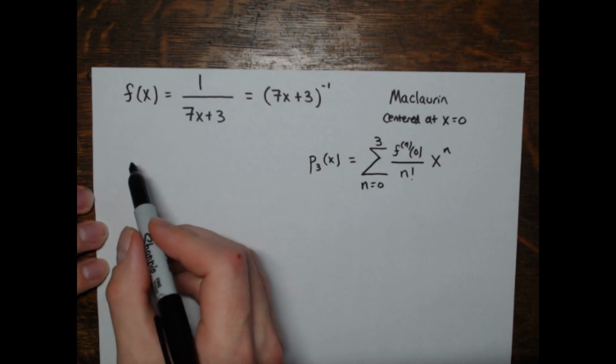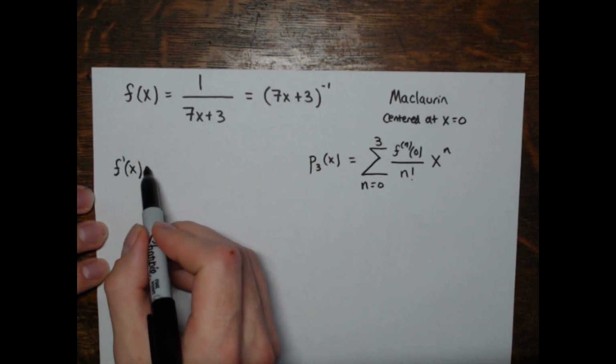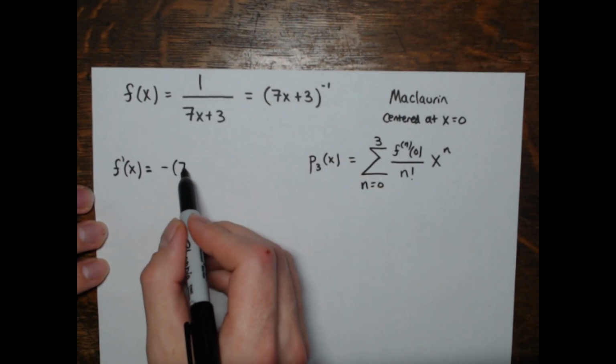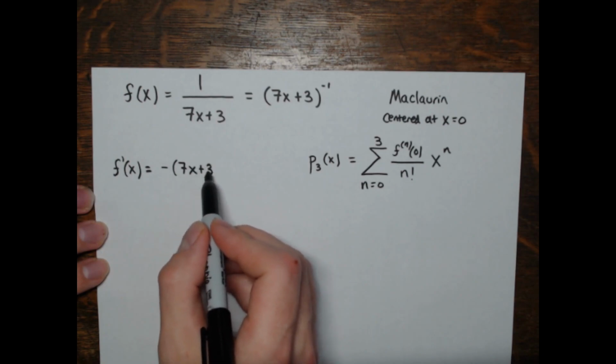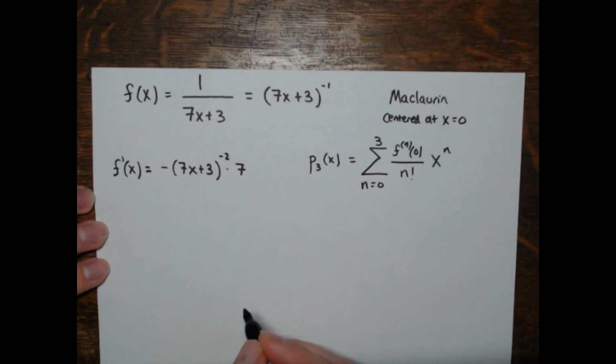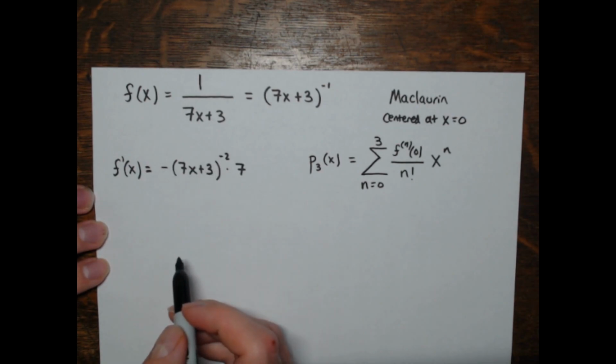Okay, so taking derivatives here, f prime would be negative 7x plus 3 to the negative 2, and then times 7. So negative 7 times this.